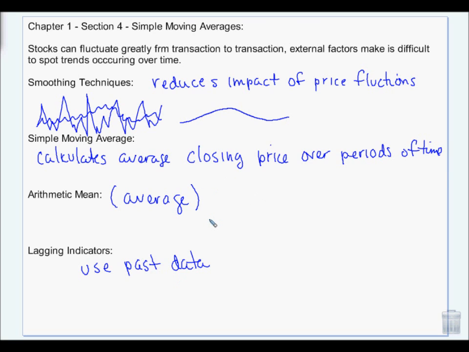So it's a lagging indicator. But you can use data up until yesterday, right? So you can go back a month or a week or whatever, and so you can use data up until yesterday to make a decision for today.